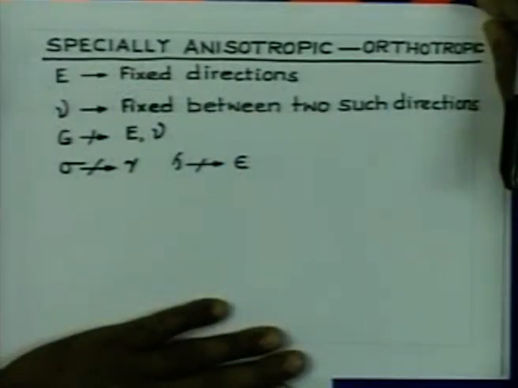Timber is another example of anisotropic materials. Now, we will see that among these anisotropic materials, there are certain special types of anisotropy, and some are typically known as orthotropic materials. So, we would like to look into orthotropic materials.